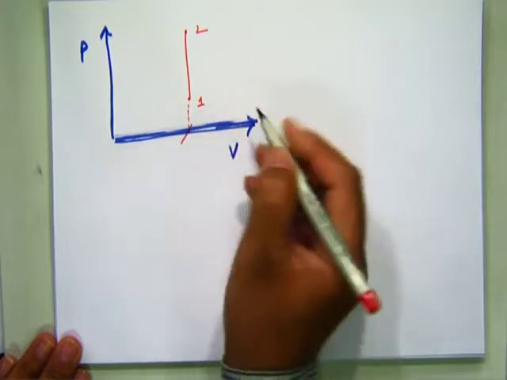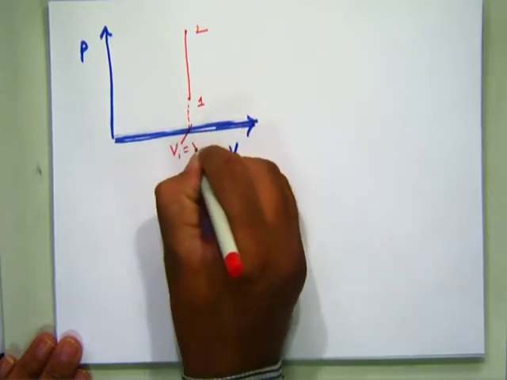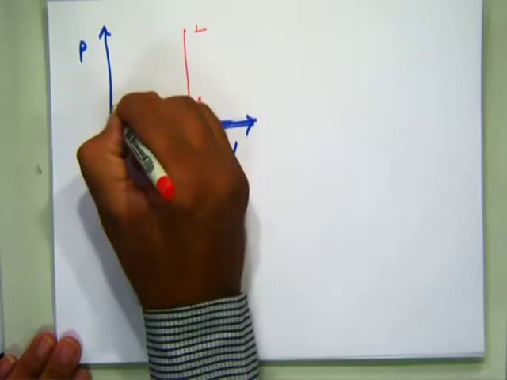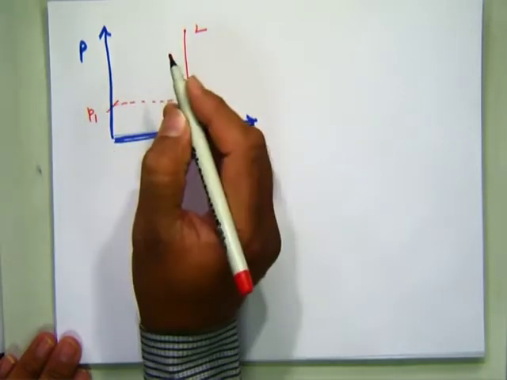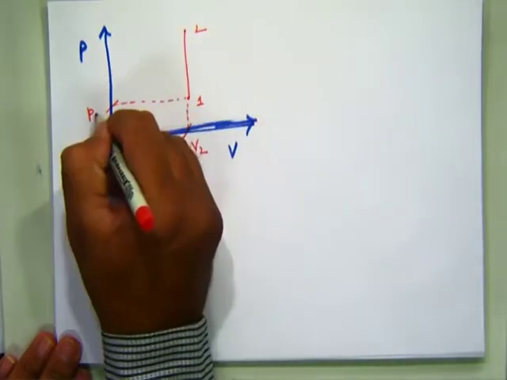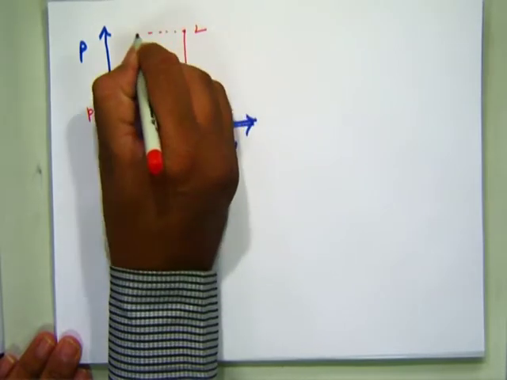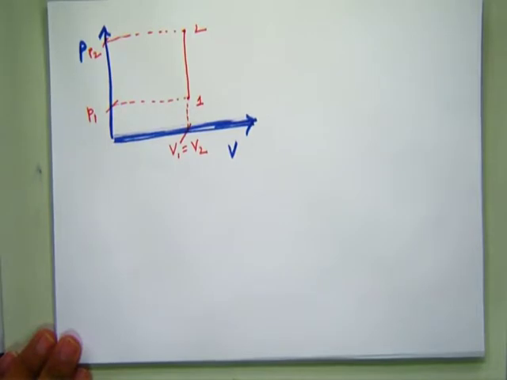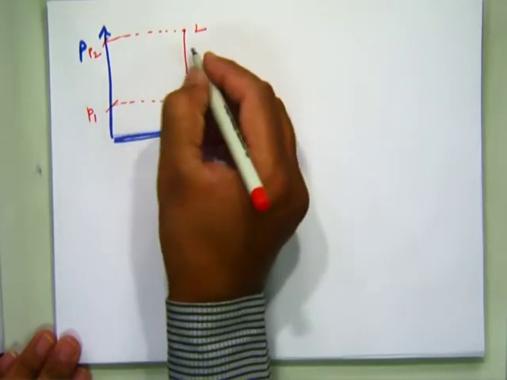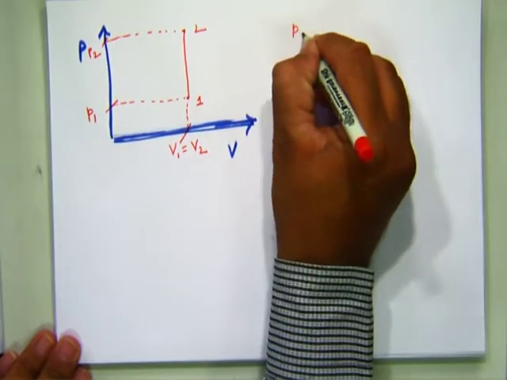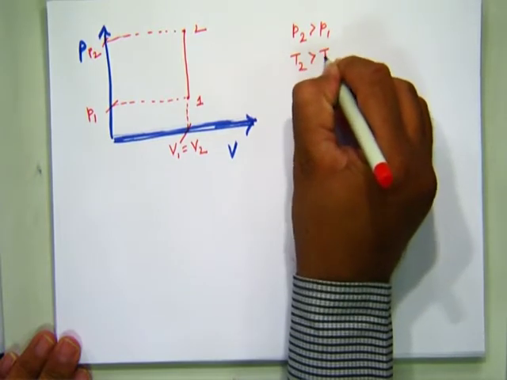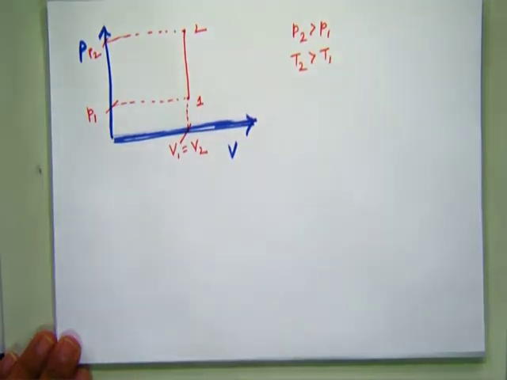Throughout that process, volume remains constant: V1 is equal to V2. As we stated, the heat is utilized to raise the pressure. The initial pressure is P1, and at the end, pressure is P2. As P2 is greater than P1, T2 must be greater than T1.